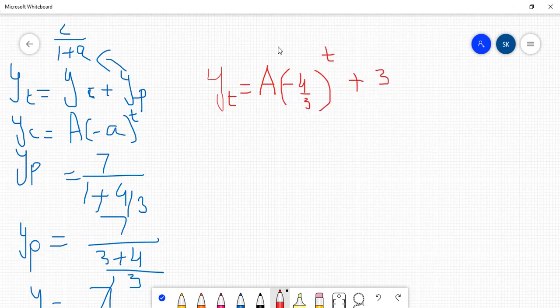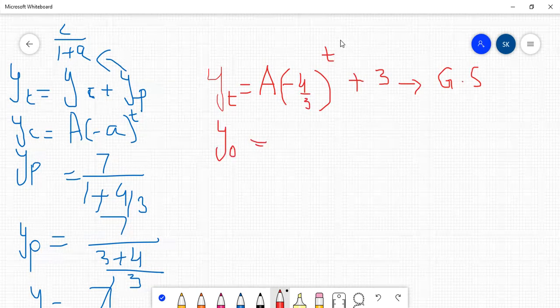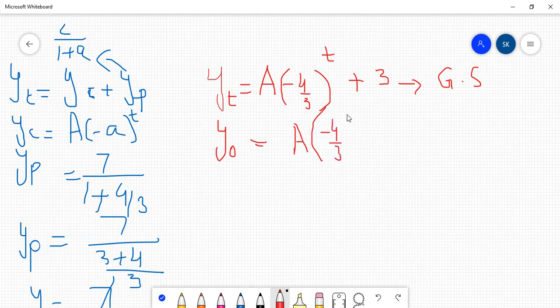Is it clear? What we will do is that this is now named as the general solution. Now we will convert this into a definite solution. Therefore y of 0, that is, we take the value of t to be equal to 0: a into (minus 4 by 3) raised to power 0, which becomes equal to 1, plus 3.